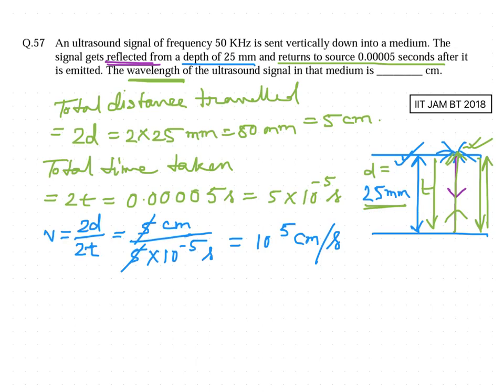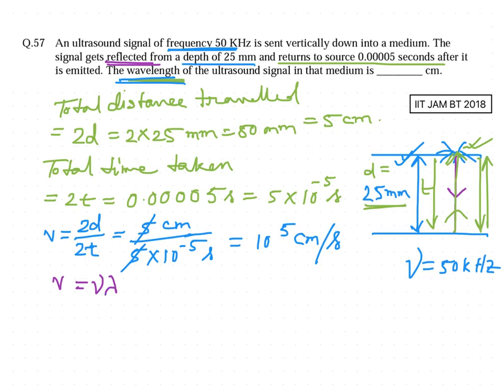Now how to find the wavelength? See, here the frequency is given as 50 kilohertz. Okay, so given is nu equal 50 kilohertz. And we know that velocity is equal to nu times lambda, right?